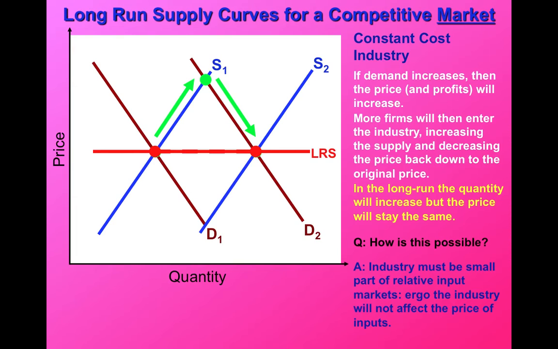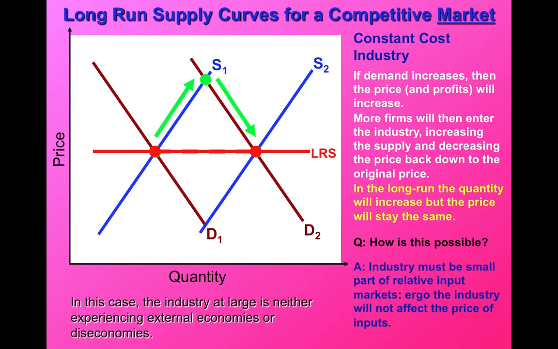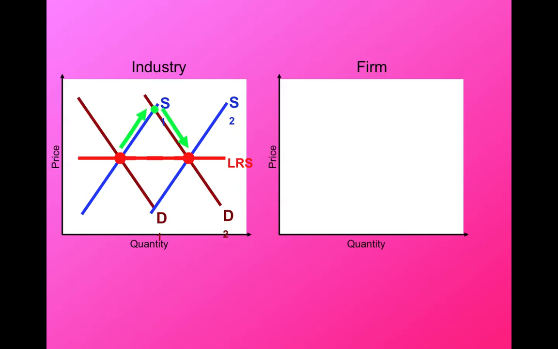All right. Now it's a different story for increasing or decreasing costs, but before we get to that industry, let's just take a look at how this scenario plays out from the perspective of a firm. All right, so firm. Here we're comparing, we can see the slide we just looked at.